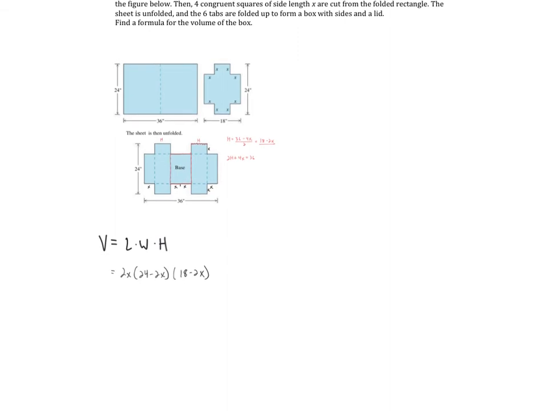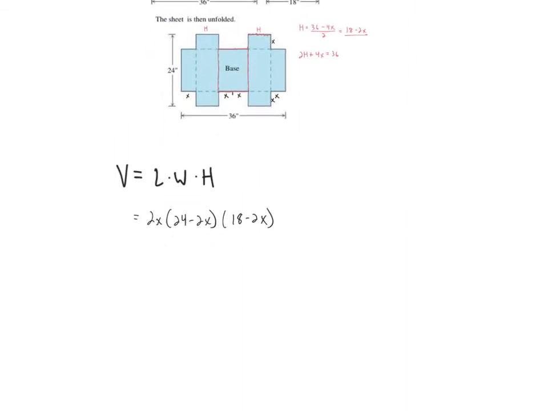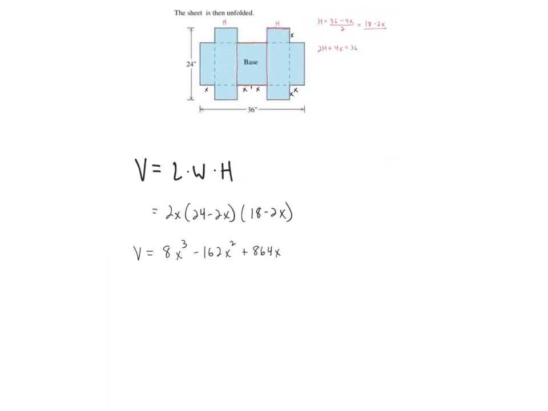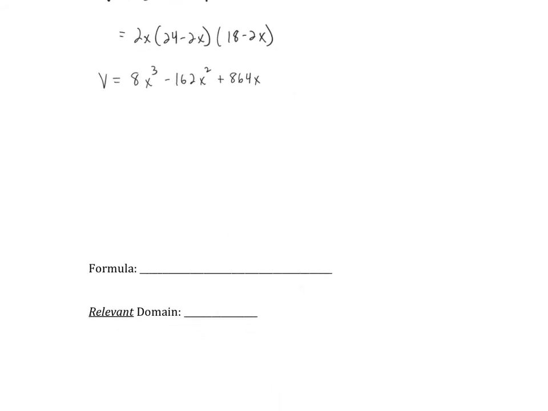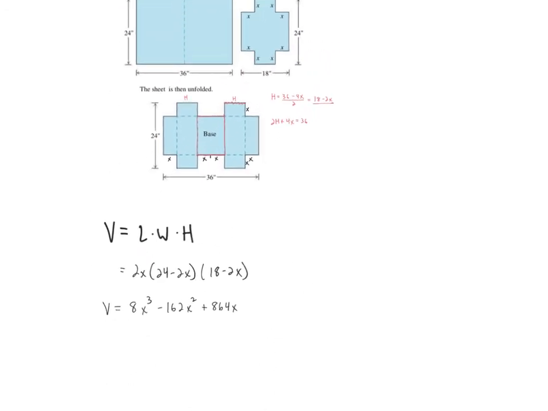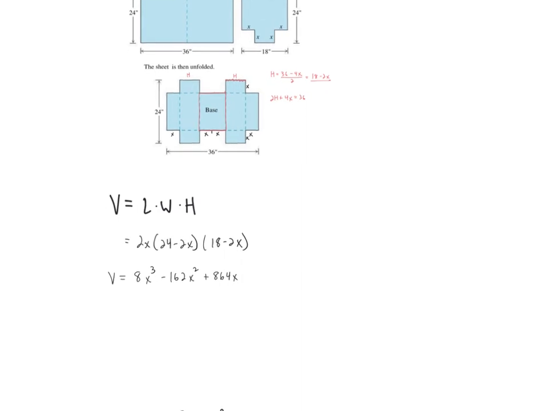Okay, relevant domain. Actually, let's simplify this first. Okay, so that's what it ends up being if you simplify it. All right, relevant domain. So x is one of those cuts that you make.